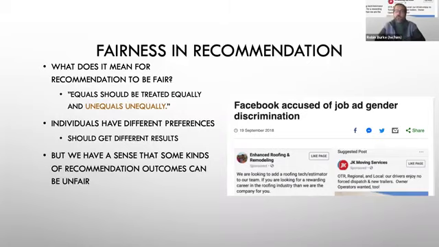But some kinds of recommendation outcomes can be unfair. And in fact, here's an example from the news in 2018. The system in Facebook that was recommending job ads to users was providing very different kinds of ads to male and female users. And that was actually considered to be in violation of equal opportunity protections in employment.